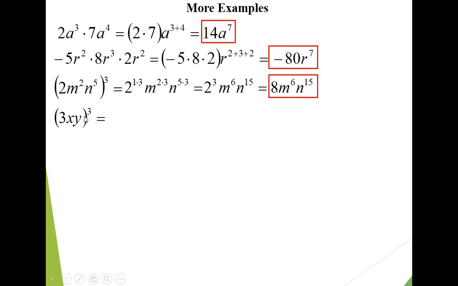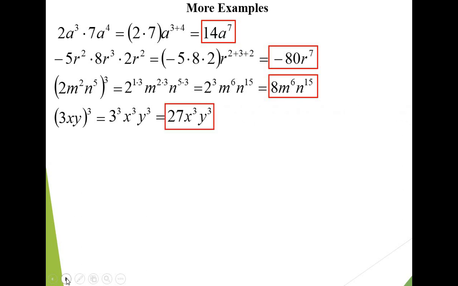So this is going to give us an answer of 3 to the 3rd power, x to the 3rd power, and y to the 3rd power. And that's how you would write it there. Now this can further simplify by breaking down 3 to the 3rd power, which is the same thing as 27, x to the 3rd power and y to the 3rd power.